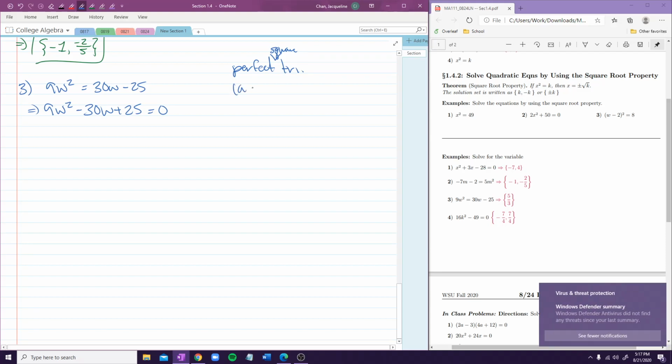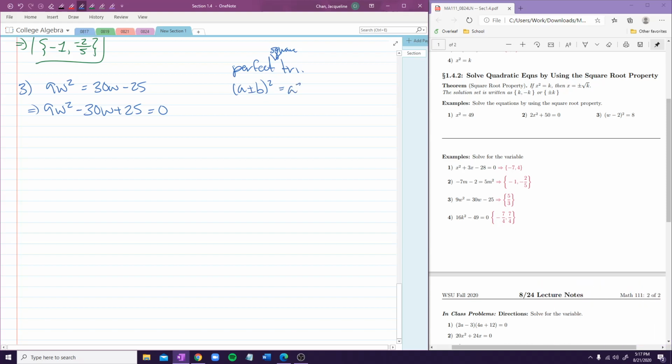Remember, it is a plus or minus b quantity squared, which is a squared plus or minus 2ab plus b squared. So why do I bring this up? Because if you notice, this a, so a is 9, and then maybe I shouldn't put a.